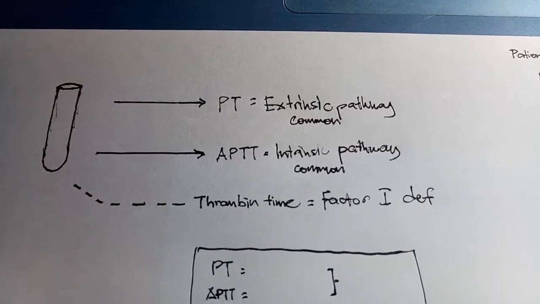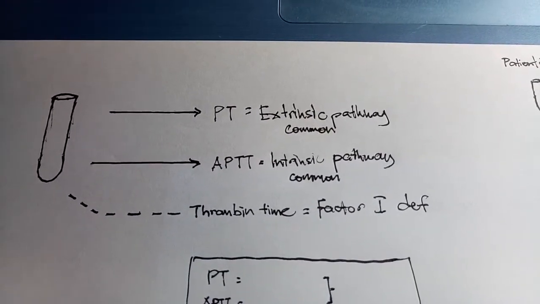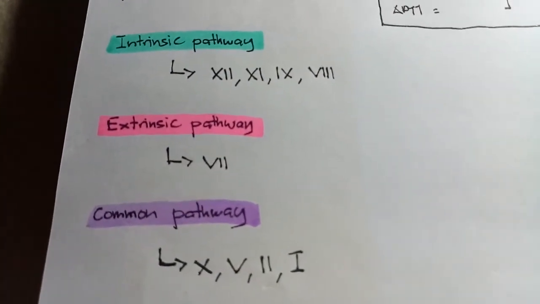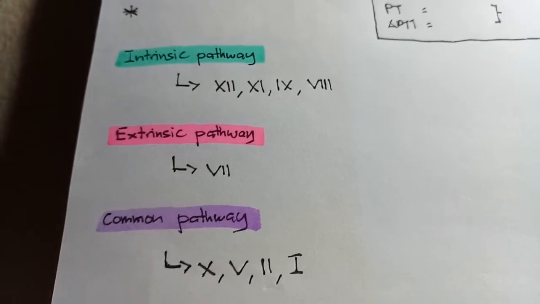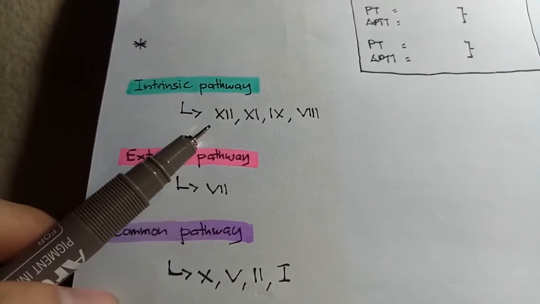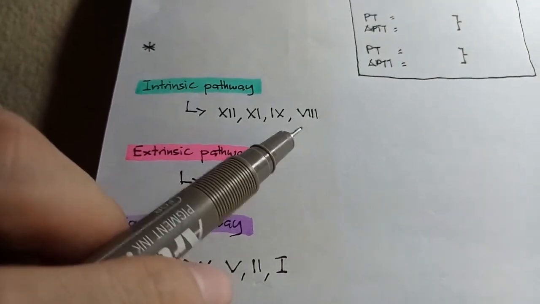Time out first. Let us review the different pathways. If you still remember the coagulation cascade, these are our pathways. First is your intrinsic pathway. It includes factor 12, factor 11, factor 9, and factor 8.